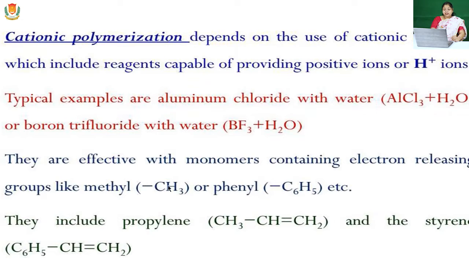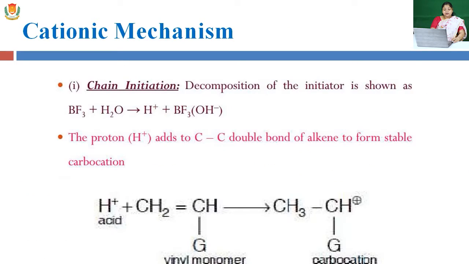The examples are AlCl3 and BF3, which react with water and give H+ ions or cations. They are effective with monomers containing electron releasing groups like methyl and phenyl groups. They react with these phenyl and methyl groups to form carbocation generated products.